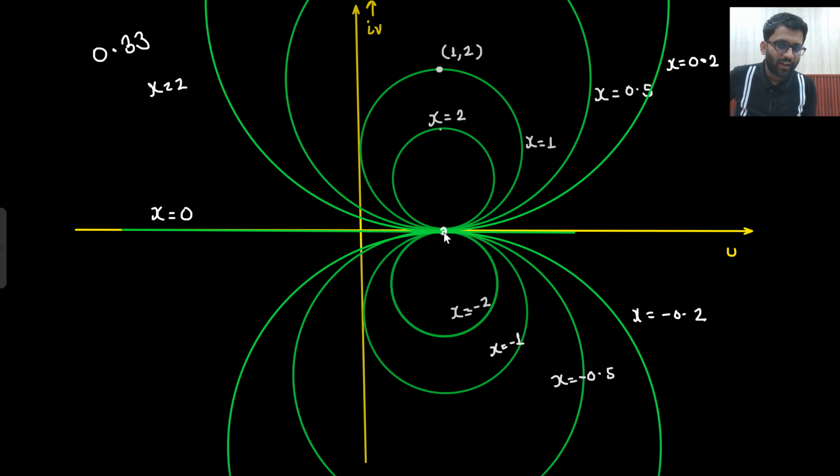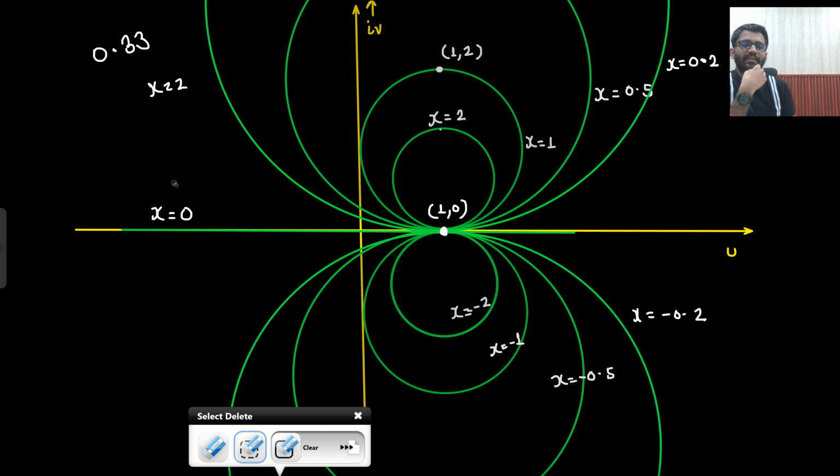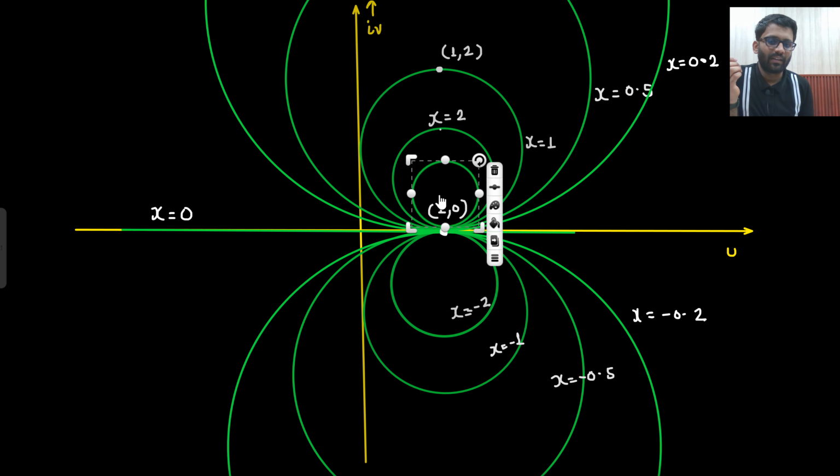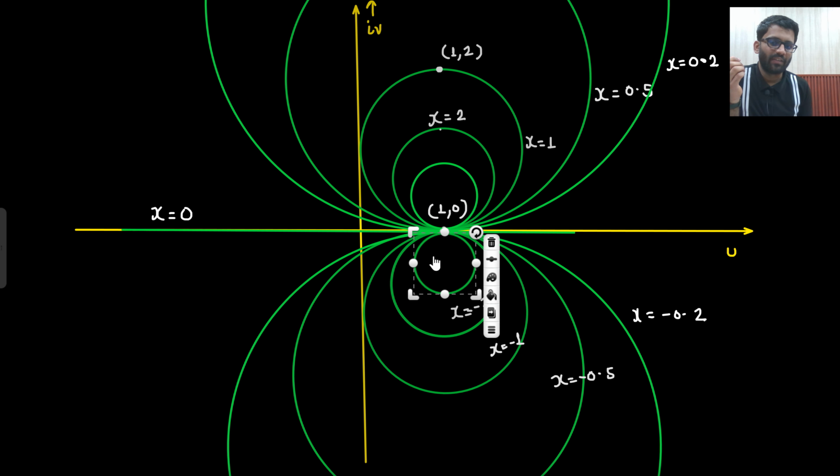All the curves are passing through a certain point, that is 1, 0. Are you able to understand this? Now what about x equals to 3? x equals to 3 will be somewhat like this, right? What about x equals to minus 3? x equals to minus 3 will be somewhat like this.